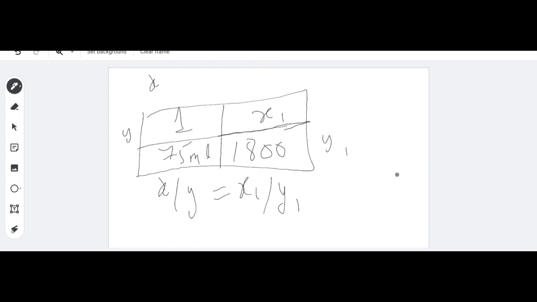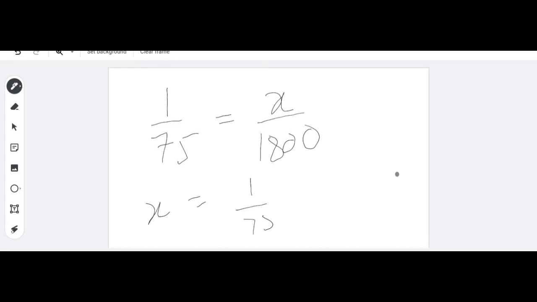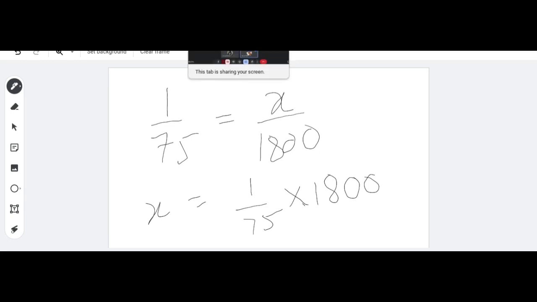I will put the values for the x1: 1 and 75 is equal to x by 1800. So x will be here, and 1 and 75 multiplied by 1800. Now you have to solve it and give me the answer.